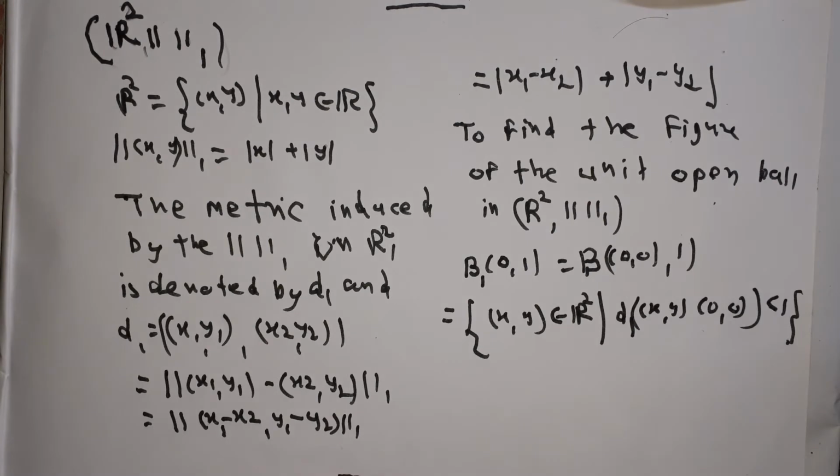Now see here, we have to find the figure of the unit open ball in R2 with norm 1. The unit open ball is denoted by B1 of 0 comma 1, centered at 0 comma 0 and radius 1 for the norm 1. B1 of 0 comma 1 is the set of x comma y belonging to R2 such that the D1 distance between x comma y and 0 comma 0 is less than 1.